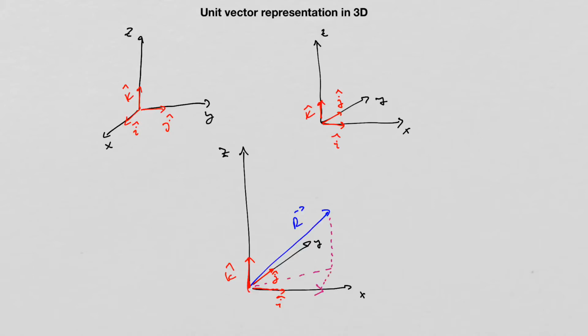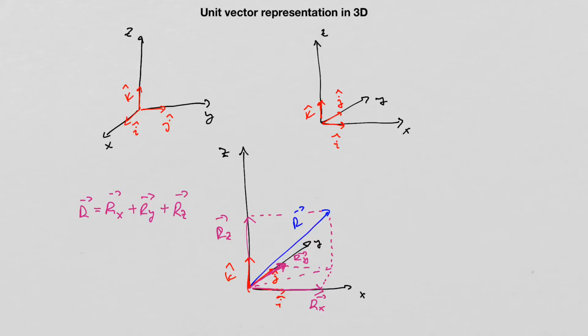So this is Rx, this is Ry, and then the perpendicular towards the z-axis gives us Rz. And so the vector R can be written as the vector sum of Rx plus Ry plus Rz.